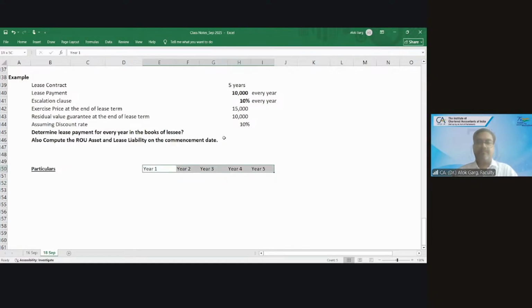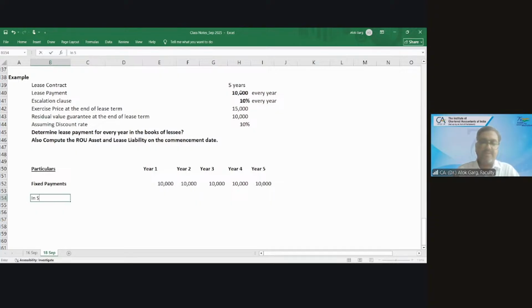Fixed payments. What is the fixed payment in every year? 10,000 rupees is the fixed payment every year. Then in substance fixed payment. Every year 10% will be added.